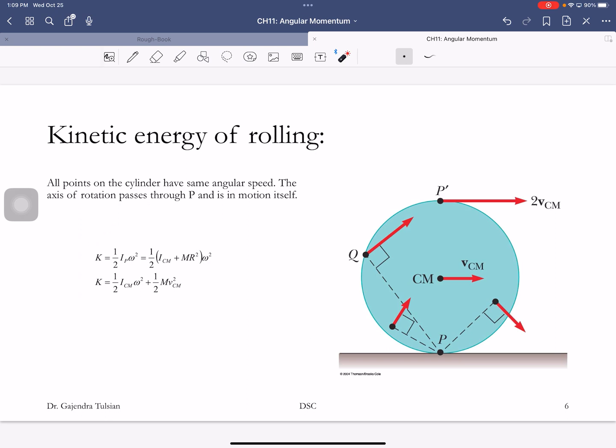Now the kinetic energy of the wheel is this kinetic energy plus this kinetic energy plus this, and so on. If you add all those up, it turns out that the kinetic energy is written as this, which is a pure rotational kinetic energy, with the moment of inertia about the center of mass, and this is pure translational kinetic energy.